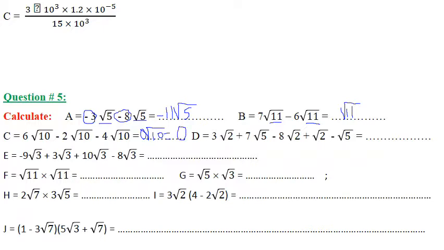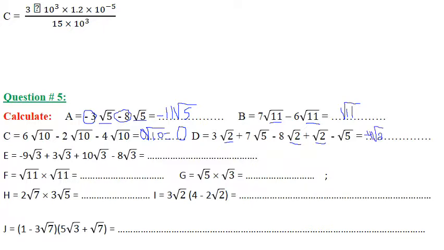Here we have 2 and 5 as radicands, so we do the radical 2 together. 3 minus 8 is negative 5 plus 1, this is negative 4 radical 2.